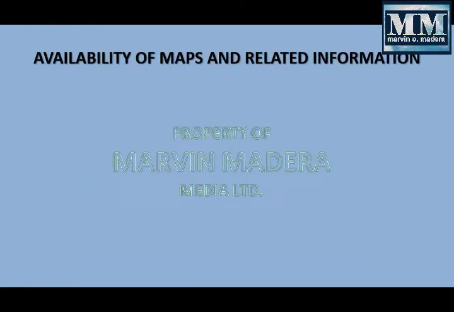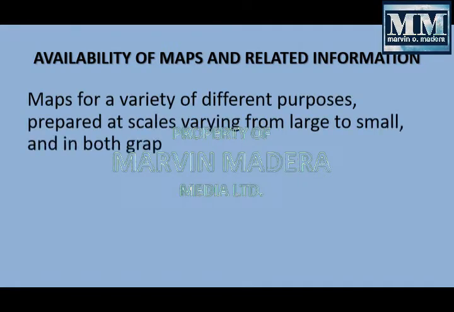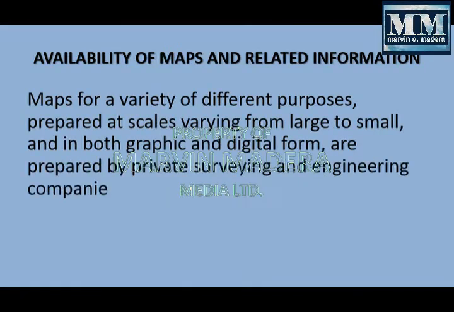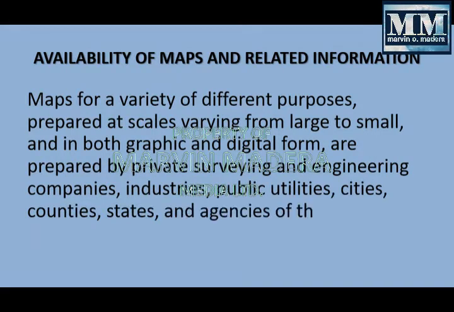Availability of maps and related information. Maps for a variety of different purposes, prepared at scales varying from large to small in both graphics and digital form, are prepared by private surveying and engineering companies, industries, public utilities, cities, counties, states, and agencies of the federal government.